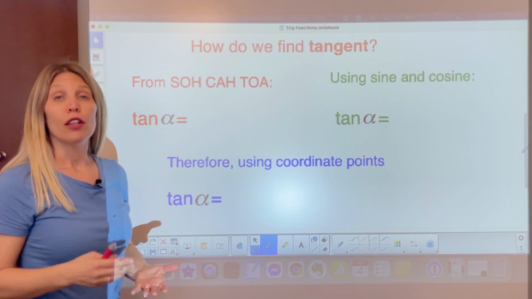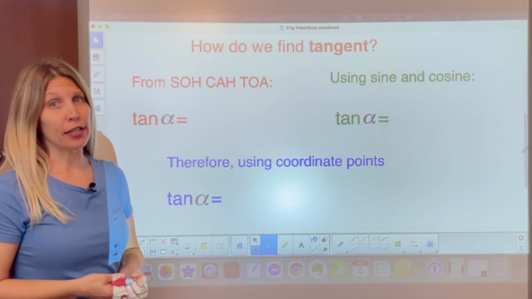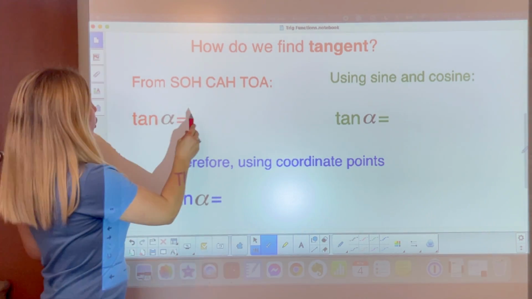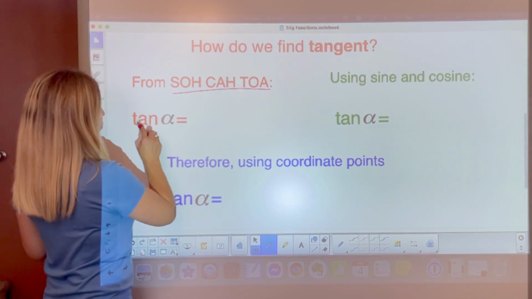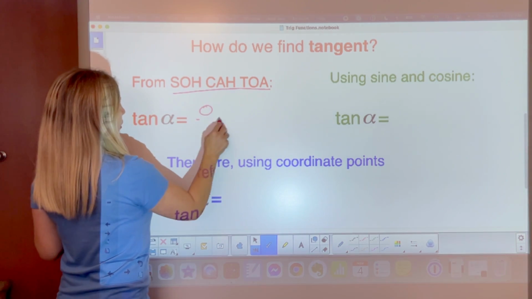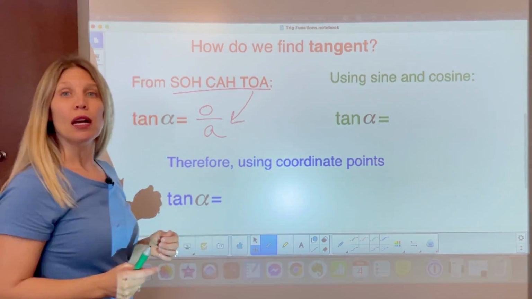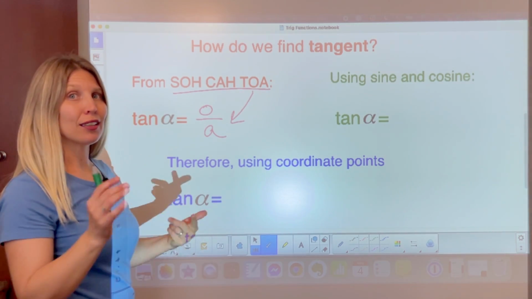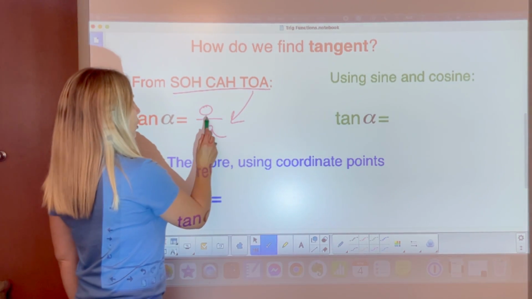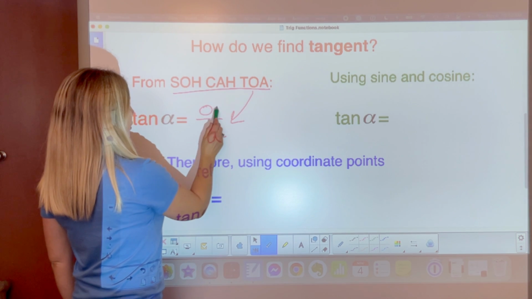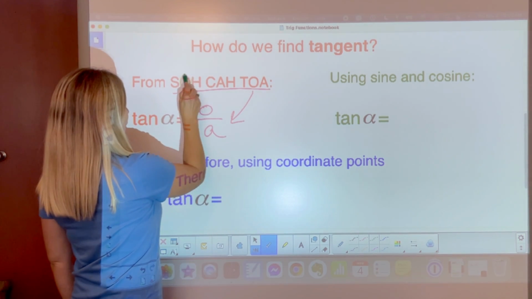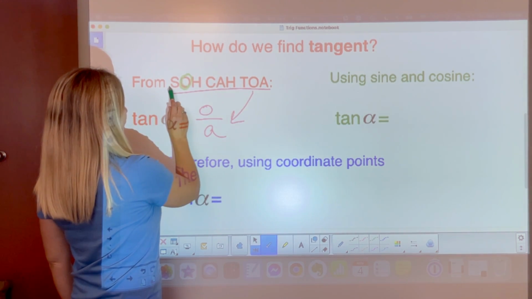Great question. There are a couple different ways that you can find tangent. Let me show them to you. First, if you're using SOHCAHTOA, remember tangent is opposite over adjacent, right? That's this part right there. Pretty simple. But if we're using sine and cosine, let's think about this. In SOHCAHTOA, which one uses the opposite? This one right here, right?